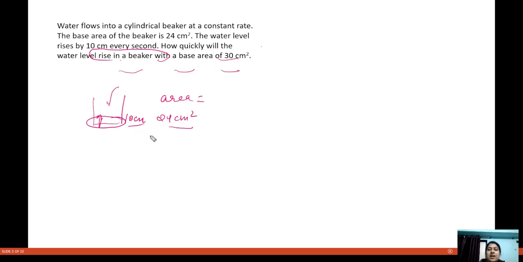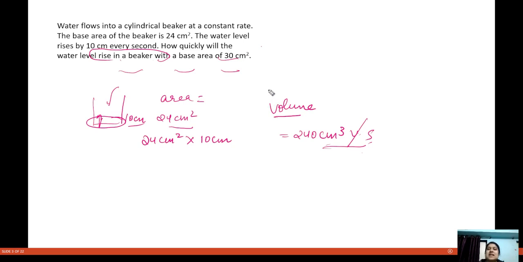So actually 24 centimeter square is the surface area, and 10 centimeter is the height. So 240 centimeter cube is the volume of water that is coming every second into the beaker.